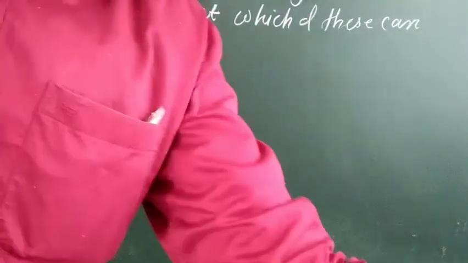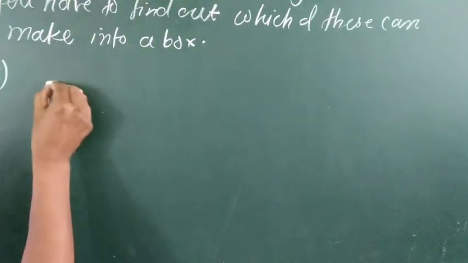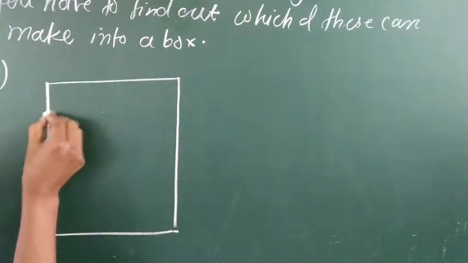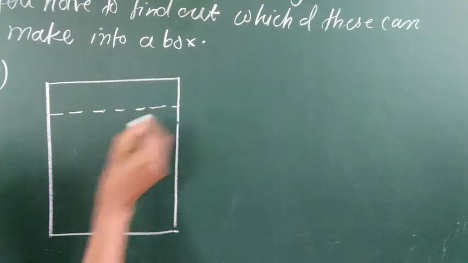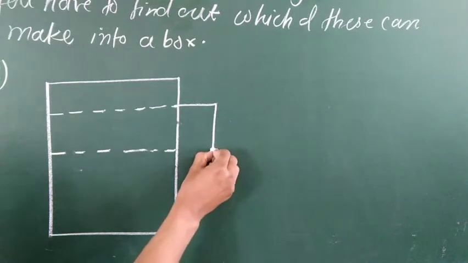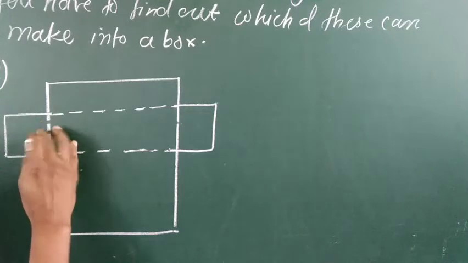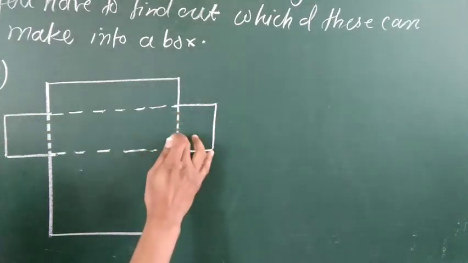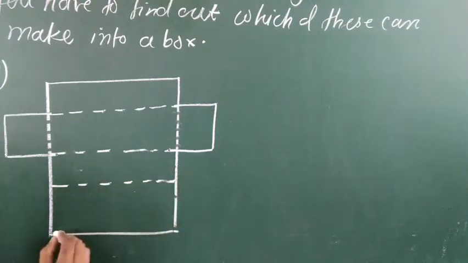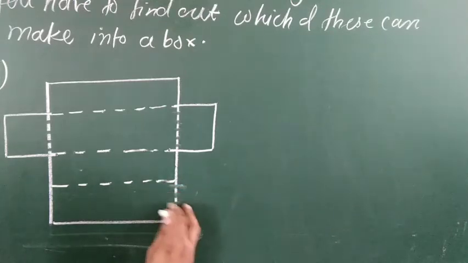This is shape A now. It is like this. This is the dotted line.